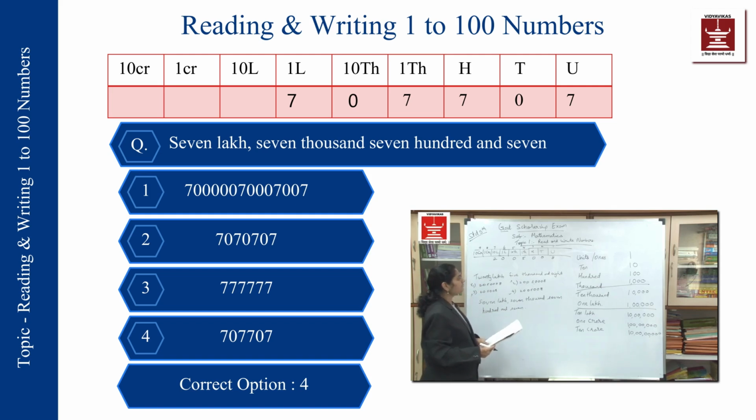Now, first thing what I do, first step, see the options. In your options you have this is a very raw method. I'm sure this won't be the answer. Now, unless I need to know this correctly, otherwise I'll do the same thing. 7,07,707.